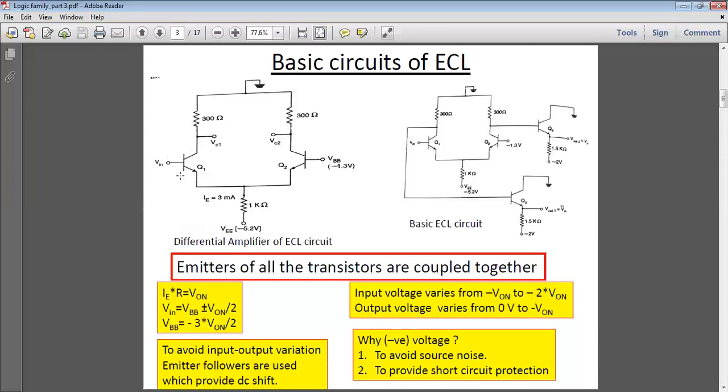Now, based on that configuration, the values are considered such that VIN is equal to VBB, the reference voltage of transistor Q2, plus or minus V1 by 2, and VBB is minus 3 V1 by 2.